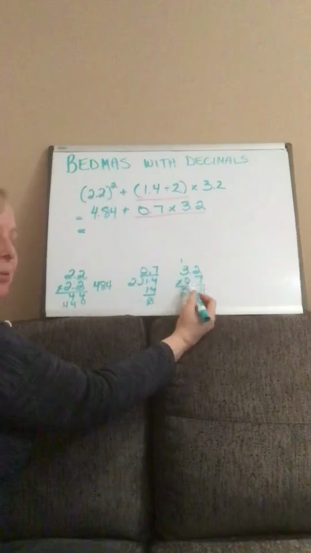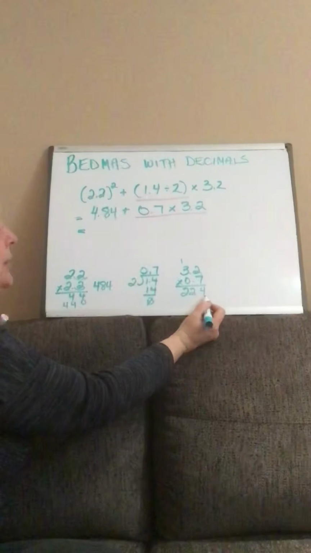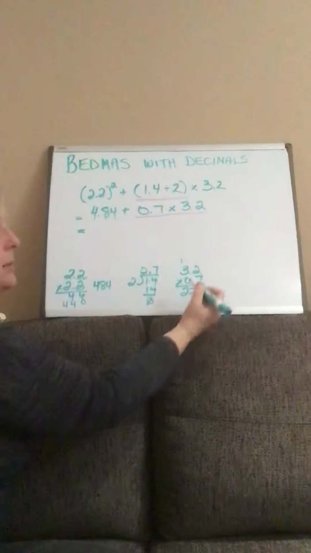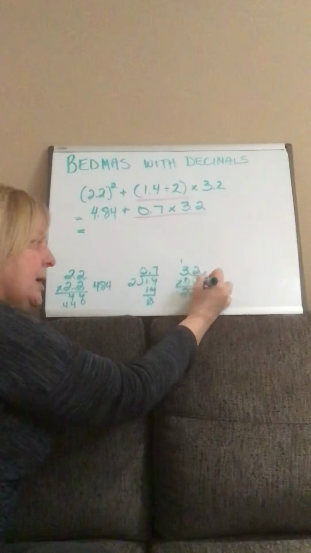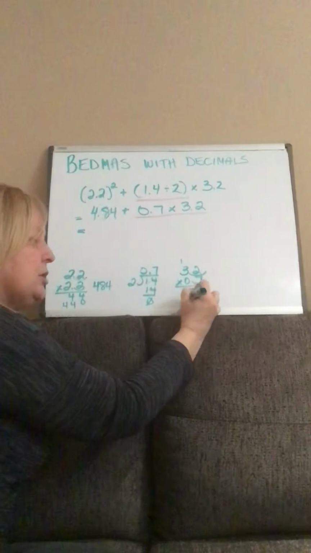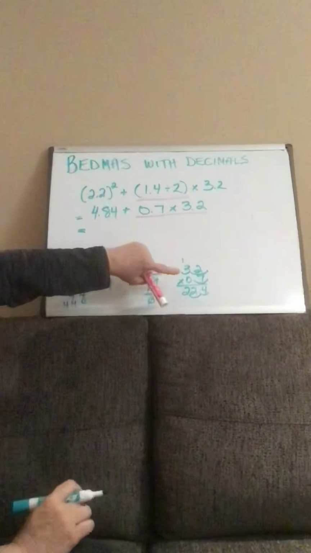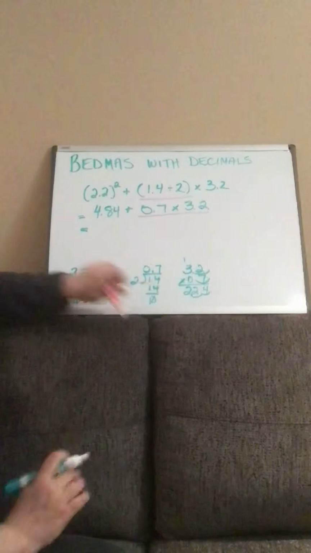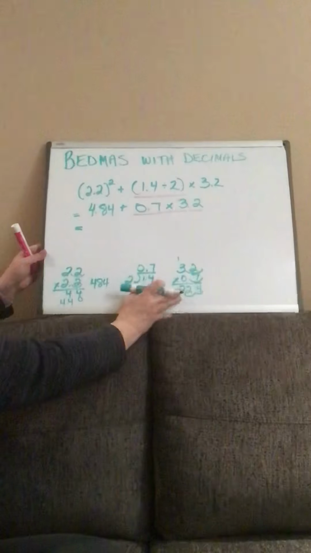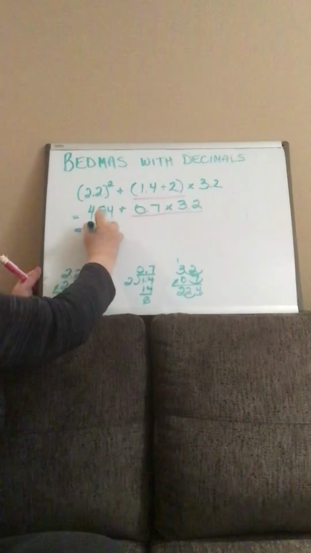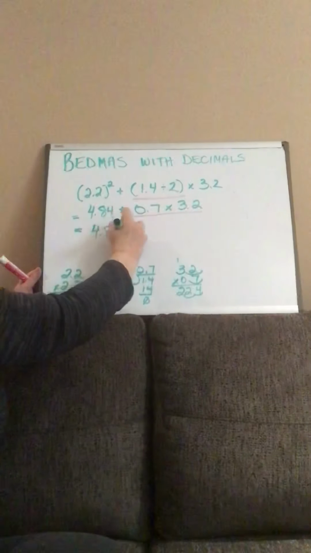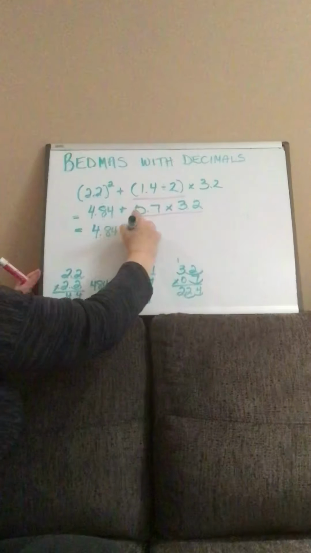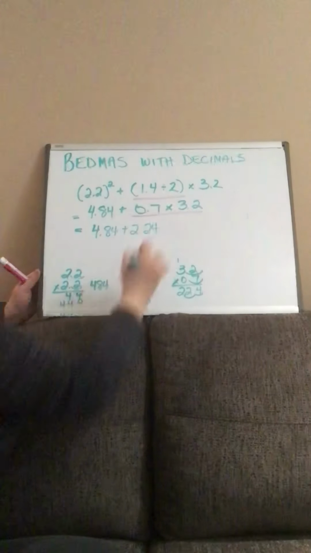Now, this is 0. I'm not going to waste a lot of my time writing 0, 0, 0, 0, 0 plus. So I'm going to go 1, 2, 1, 2. I don't need to multiply by this 0 because anything multiplied by 0 is just 0. So I have 4.84 plus 2.24.